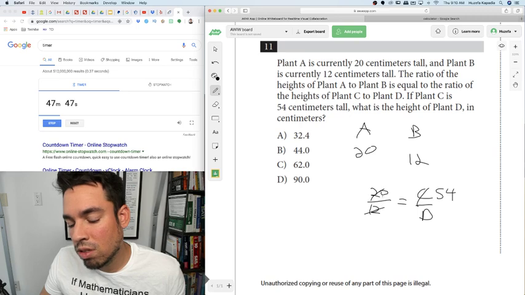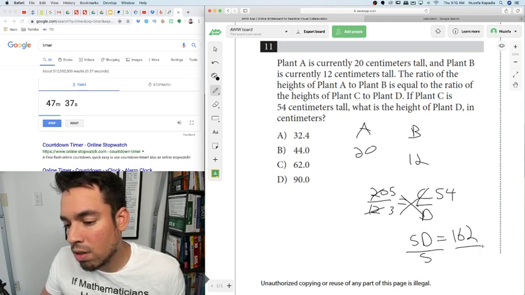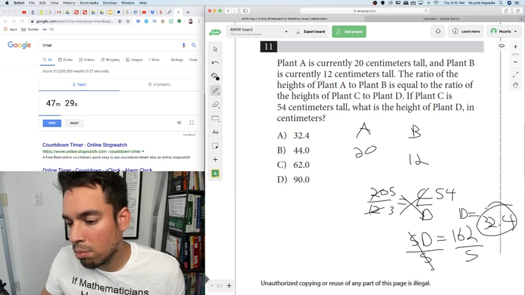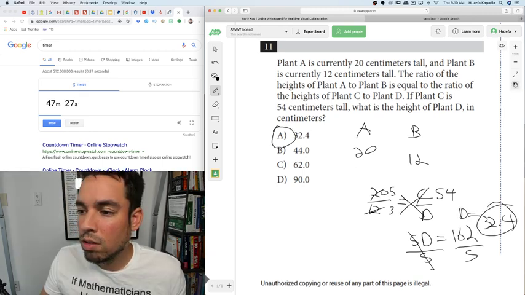Let's simplify first. Divide top and bottom by 4, so 5/3. Cross multiply. 5D equals 162. Divide by 5. It's like dividing by 10 and doubling: 16.2, 32.4 equals D. Boom. Done.